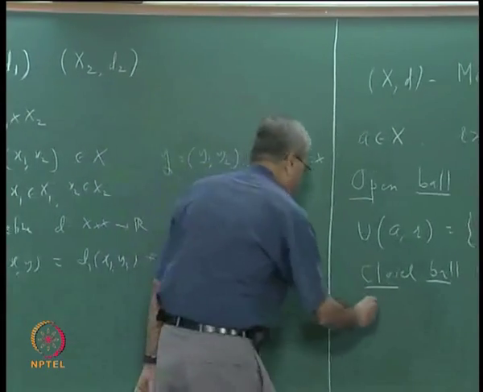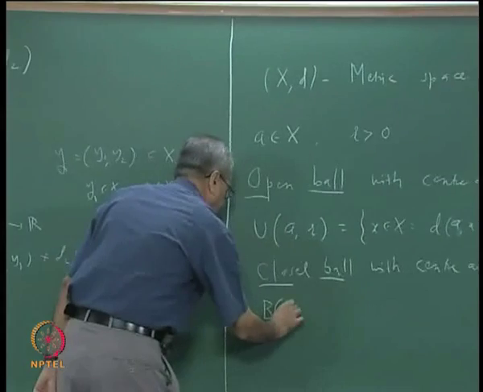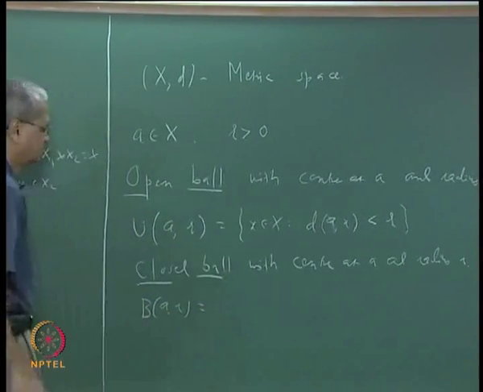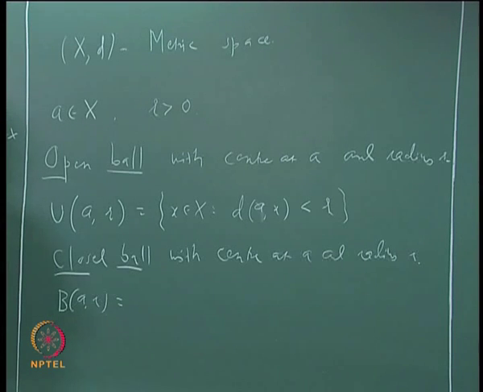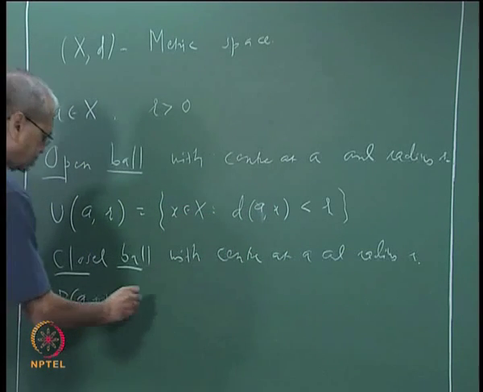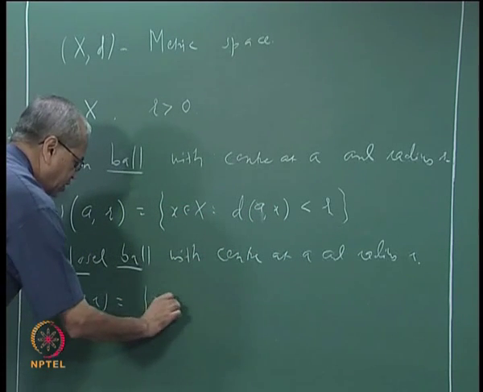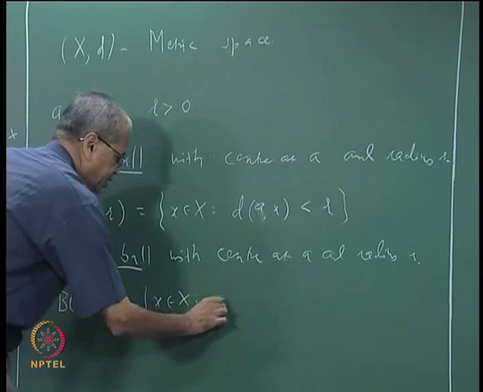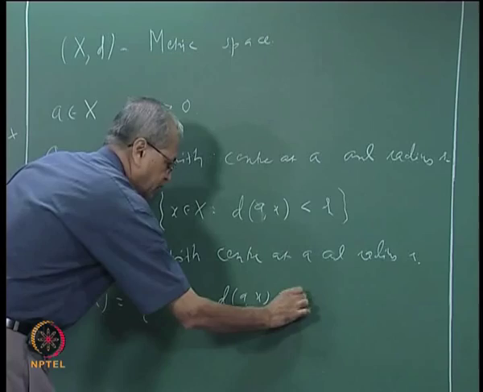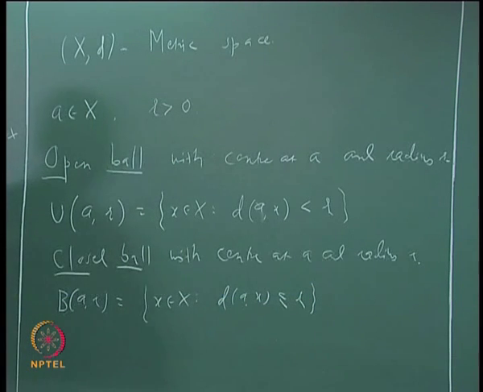Suppose that I denote it by B(A, R). What should that be? Okay, instead of this strict inequality, we will take less than or equal to, okay. So this will be the set of all x in X with the property that the distance between A and x is less than or equal to R, okay.